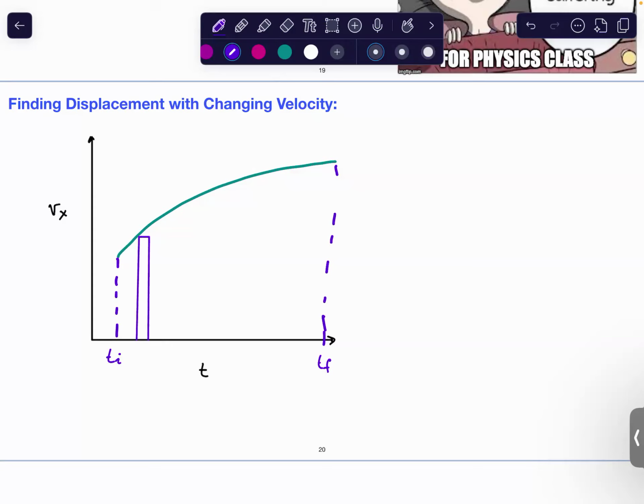So the first thing we can look at is all of these little rectangles underneath the curve. Now you notice it's at a constant velocity, and it has a beginning and an end time. So if you wanted the area under that curve, time initial, time final.